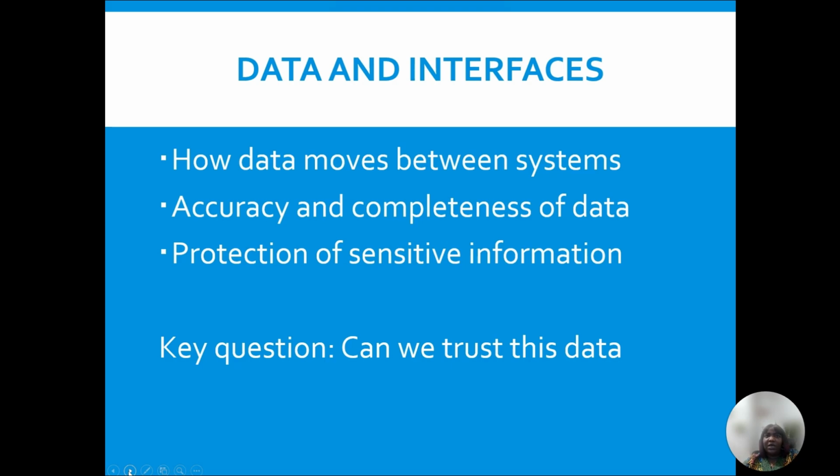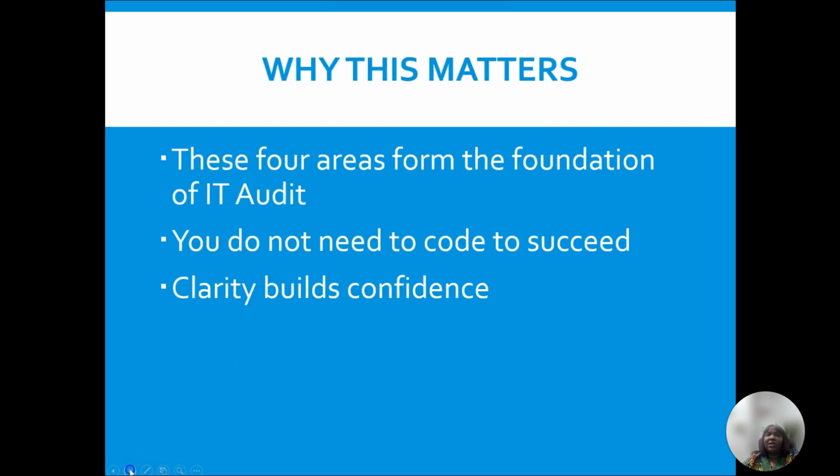Is there confidentiality when data is being moved? So the key question, like I said, is, can we trust this data that is moving from maybe the HR system to the financial system, or the payroll system to the accounting system, from one system to the other? So you have to be able to know if you can trust the data.